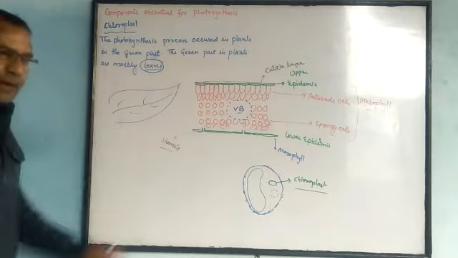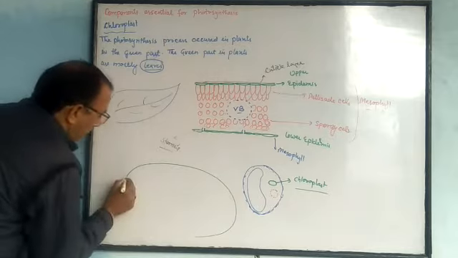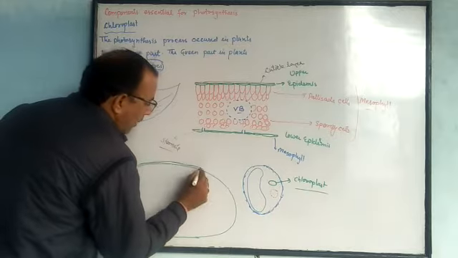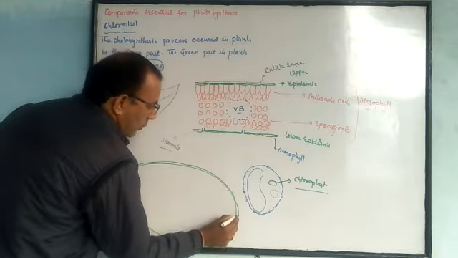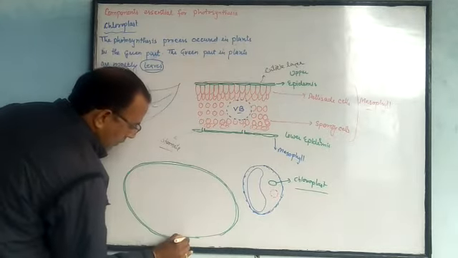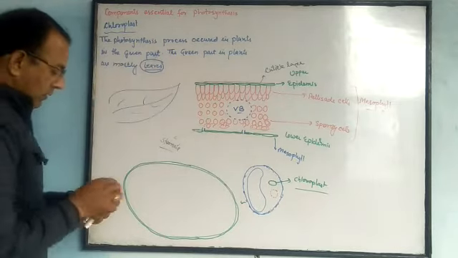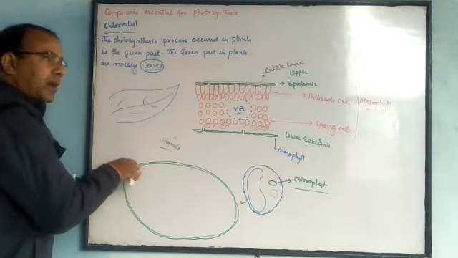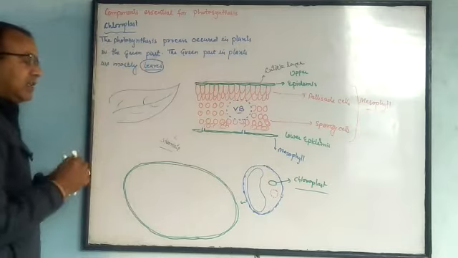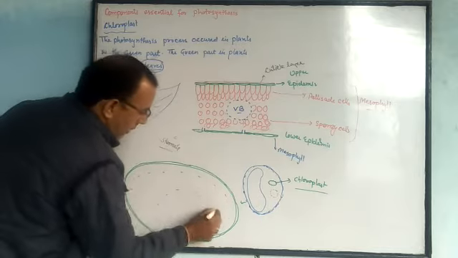When we again magnify the chloroplast, we can see that this oval-like structure is bilayered; it is a bilayered organelle. On the inside, a jelly-like fluid is present, and this is known as stroma.